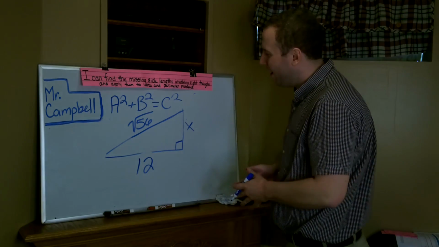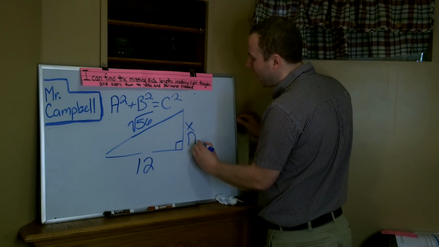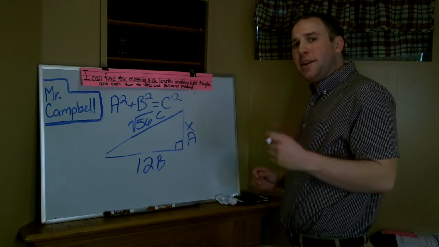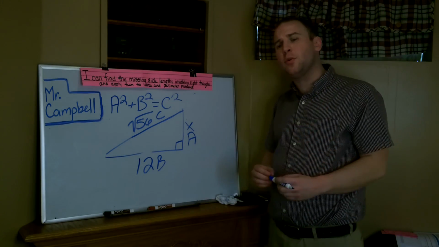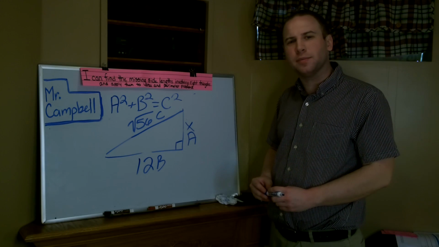Now we're getting tricky. Again, this is A, this is B, and this is C. I'll take a minute to pause here and have you try to solve this on your own. So go ahead and pause the video now and try to solve this problem.